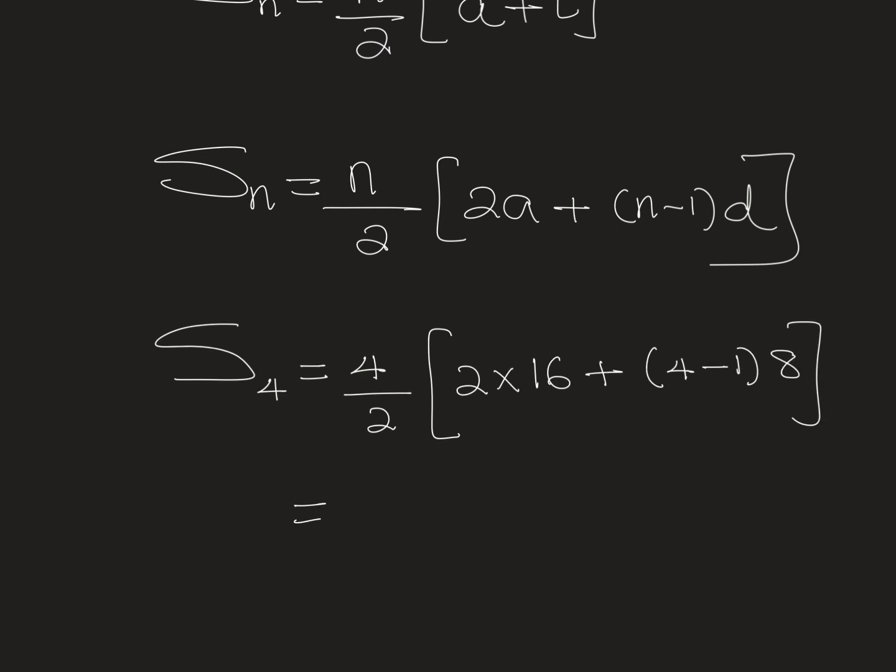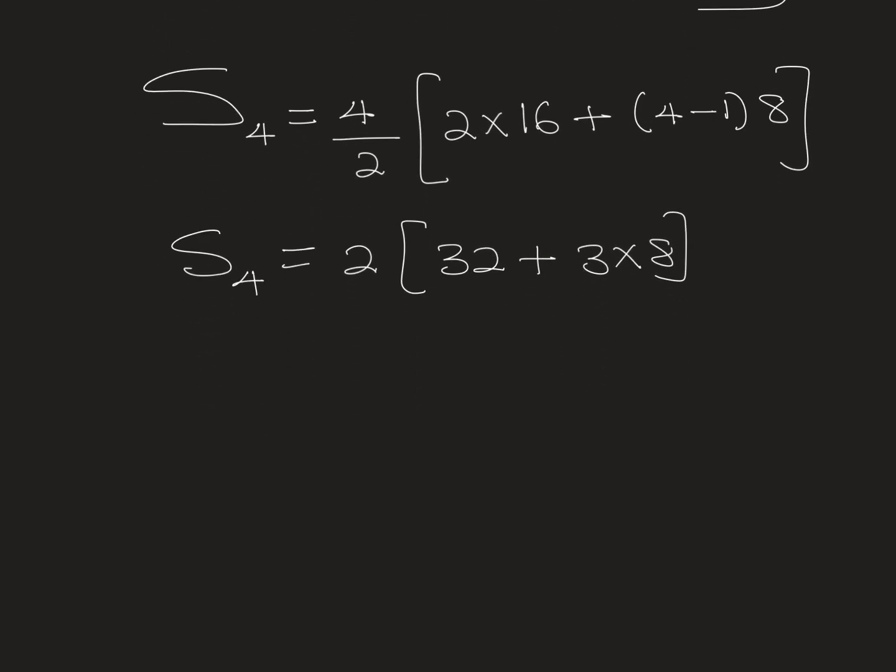So that will be s sub 4 is equal to 4 over 2 is 2 into 2 times 16 is 32 plus 4 minus 1 is 3 times 8.